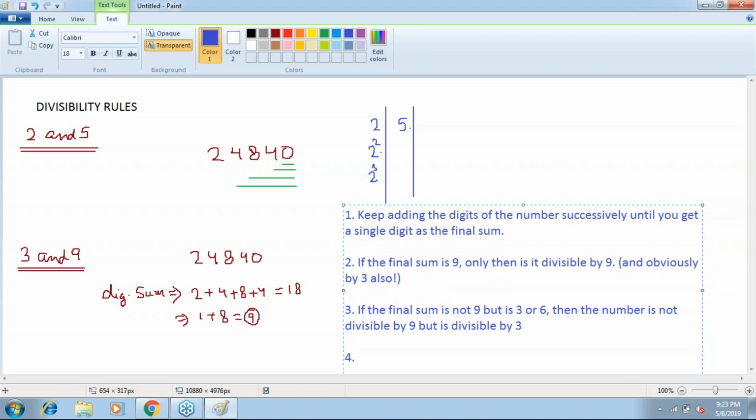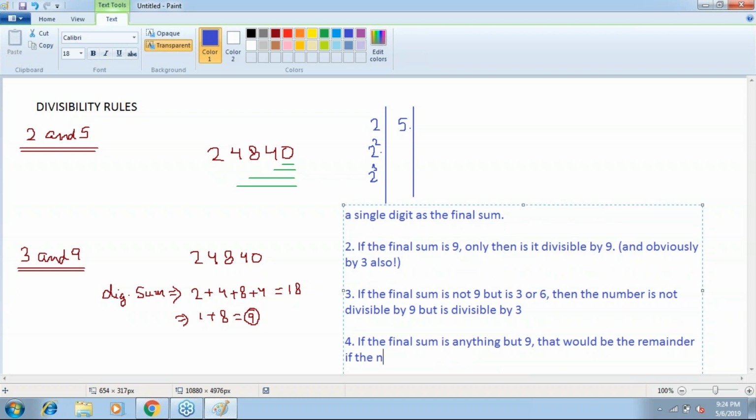Fourth, if the final sum is anything but 9, that would be the remainder if the number is divided by 9.